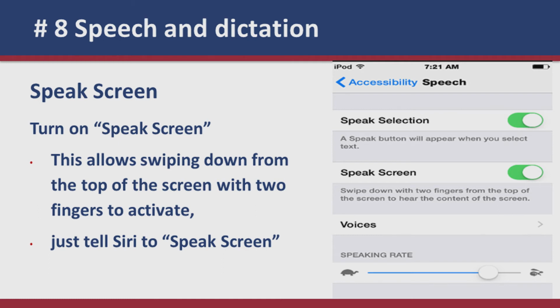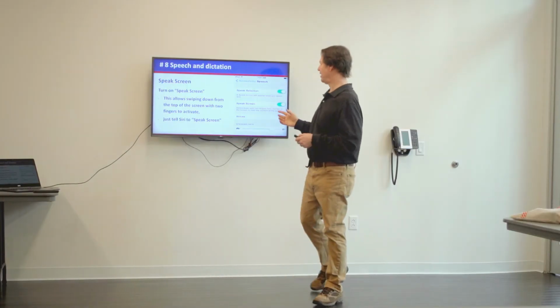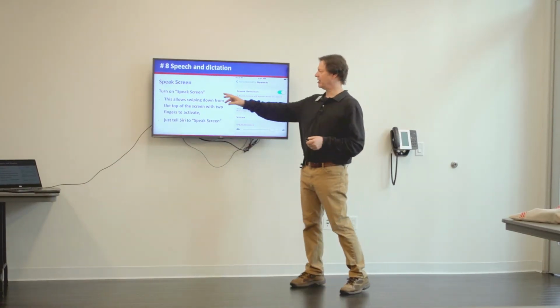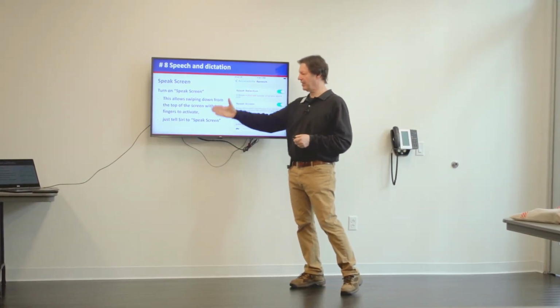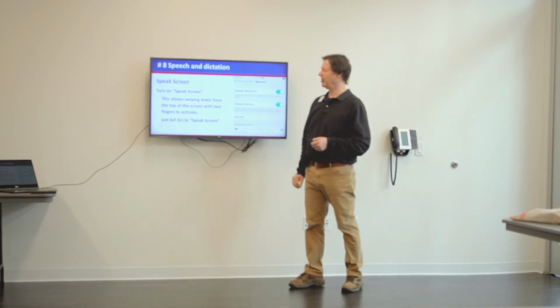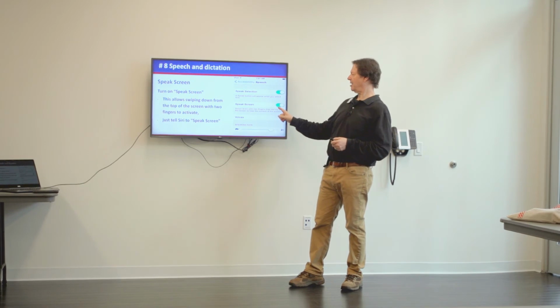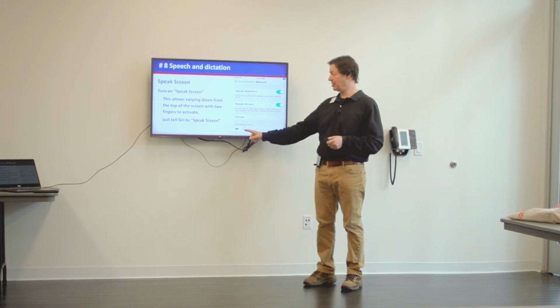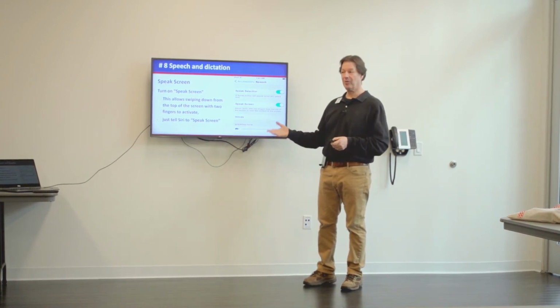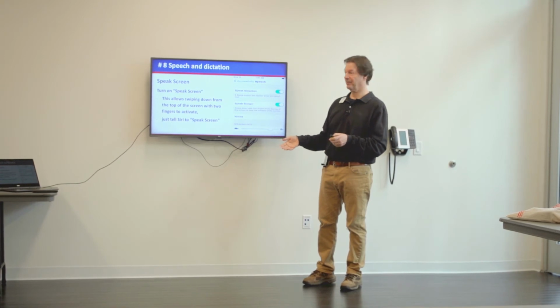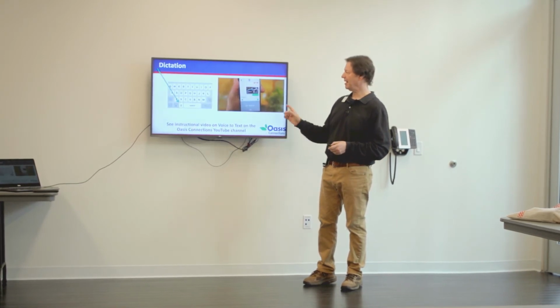You don't have to speak in some strange language, overly clear or slowly. You just talk in a normal tone. I'll show you that in a moment. In this case, we'll go back to reading what's on the screen. You can actually turn on Speak Screen and choose the speaking rate, and it will read what's on the screen for you. Okay.